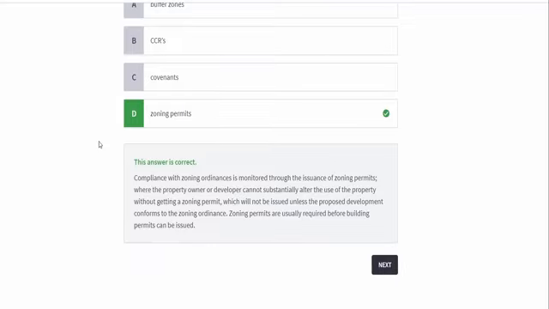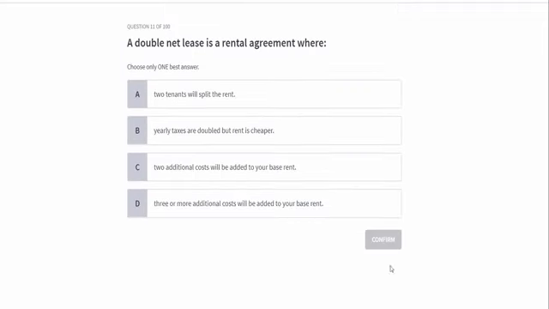So that is basically when, let's say maybe you want to build a deck on the back of your house or some sort of second apartment building or something crazy. You need to go to your local government. You have to get a zoning permit to make sure that you are following those zoning ordinances. So yeah, it's basically that. It's pretty straightforward, so just be familiar with that for the exam.